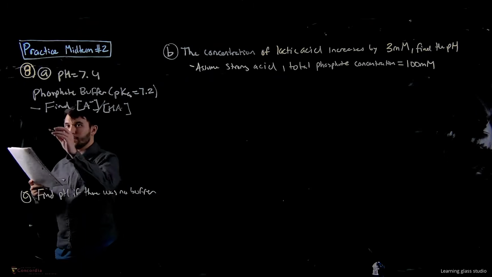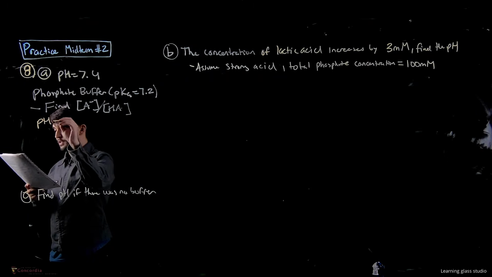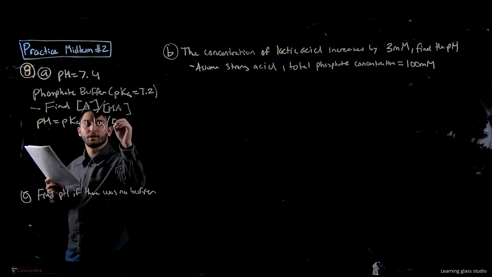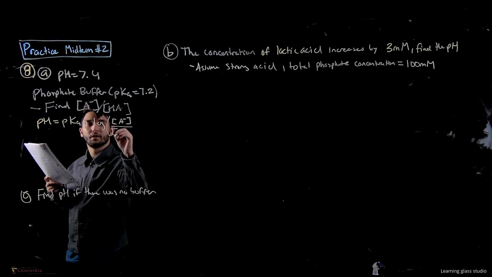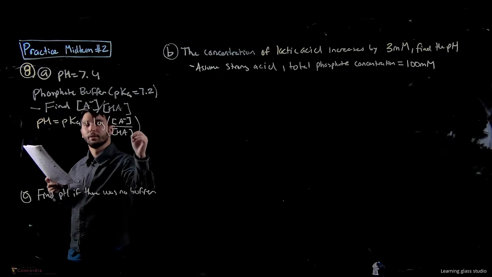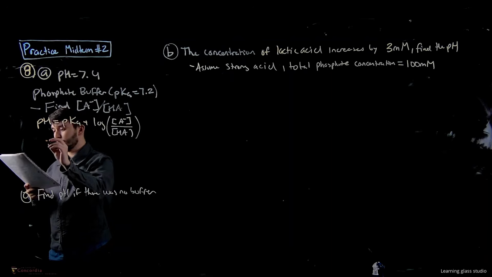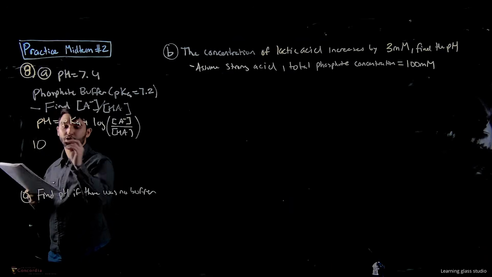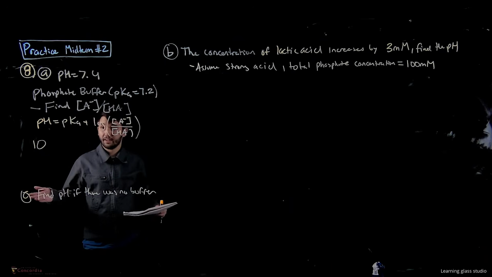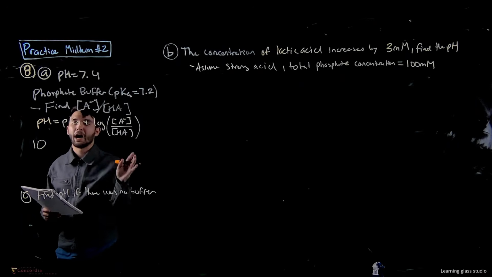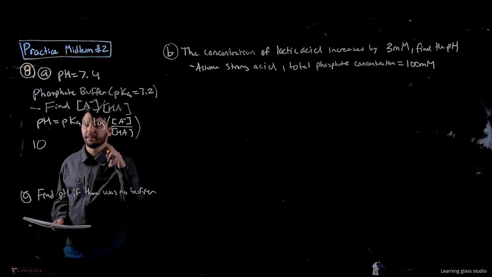This is fairly straightforward. We will use the Henderson-Hasselbalch equation, pH equals pKa plus log of this exact ratio. Simple. So we have pH, we have pKa. So what we can do, as we showed in the acid-base problem set, is subtract pKa from both sides, then take 10 to the power of both sides to get rid of the log base 10.